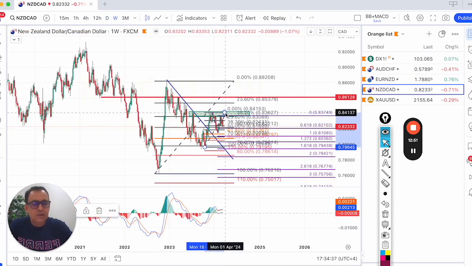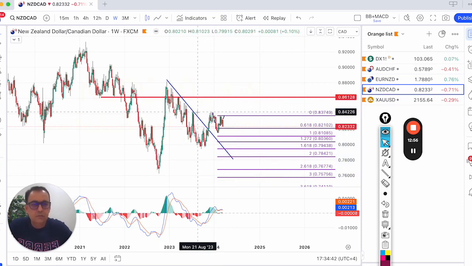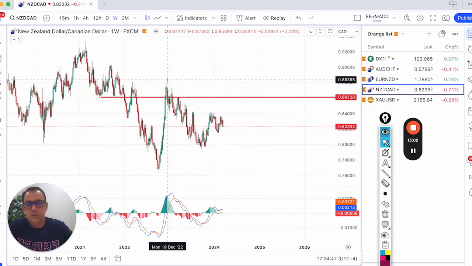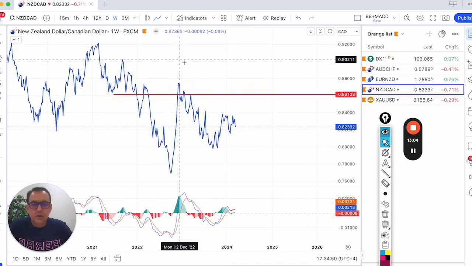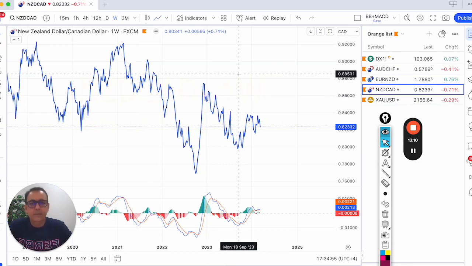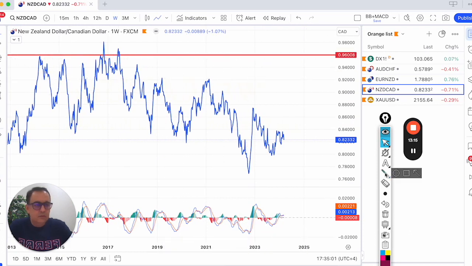Okay, let me clean my chart here. Moving to a line chart. Now based on a line chart, if you see, the pattern is bearish here because we have a sequence of high, lower high, lower high, lower high, or rather double top equal high, followed by lower high, lower high, lower high, and lower high.